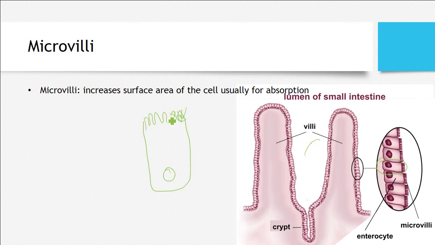So if we're talking about, say, this is a digestive cell in the small intestine, it makes it able to absorb a lot more molecules into the cell, compared to if it has only a flat apical surface, apical meaning the top surface, it can only absorb at this part of the cell, and it's not going to be as much compared to if you're absorbing in all these different directions because of the microvilli. So it's part of the plasma membrane that just curves up and down to increase the surface area.